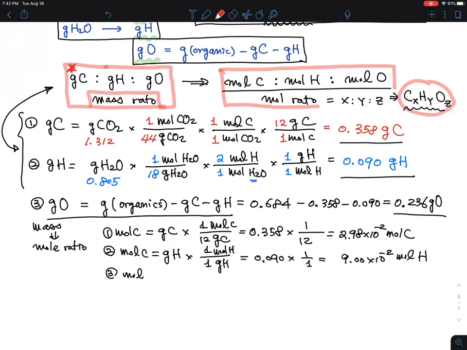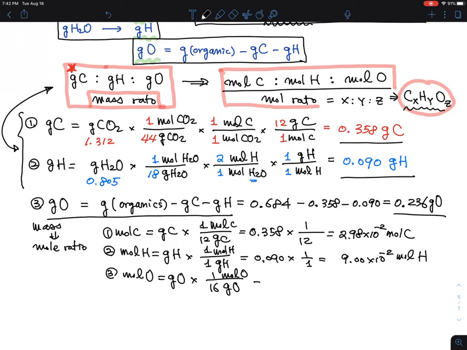I'm sorry, I made a mistake there; it's moles of hydrogen, not moles of carbon. The third one is moles of oxygen from grams of oxygen, and 1 mole of oxygen is 16 grams of oxygen.